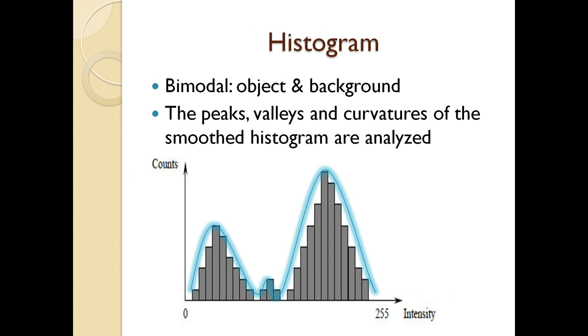When using threshold techniques, there are different ways of doing it, and the one that we are going to be using is a histogram. A histogram is bimodal in the sense that it generally has objects in the foreground and then a background, and those generally have different intensities.